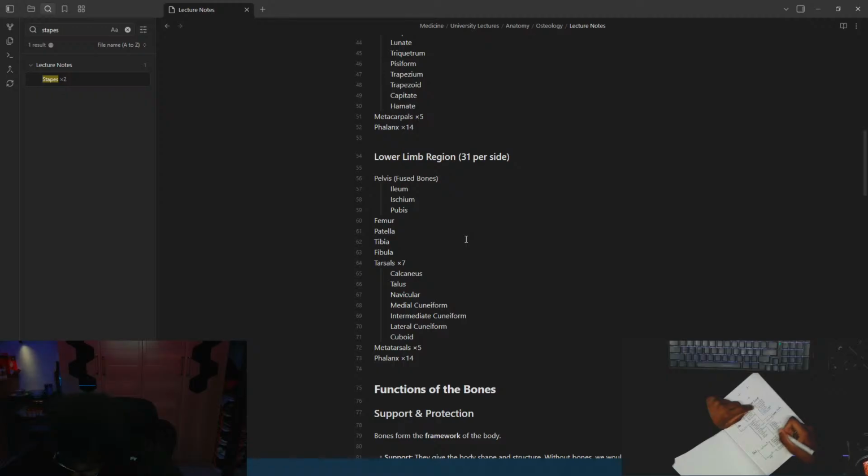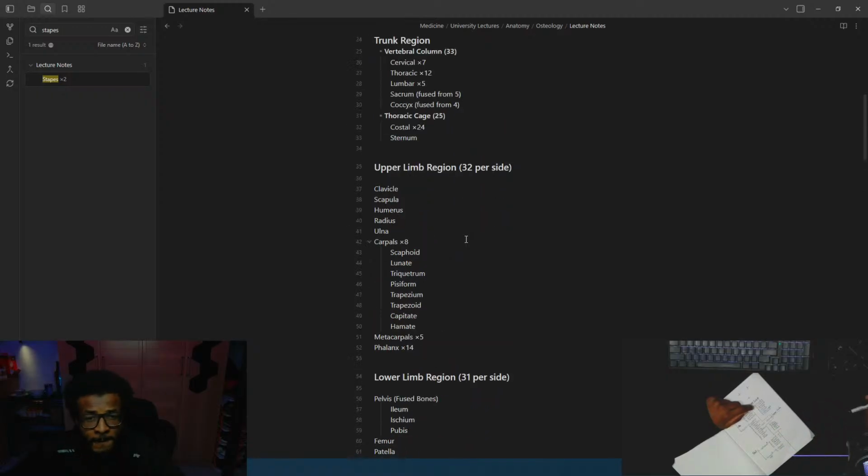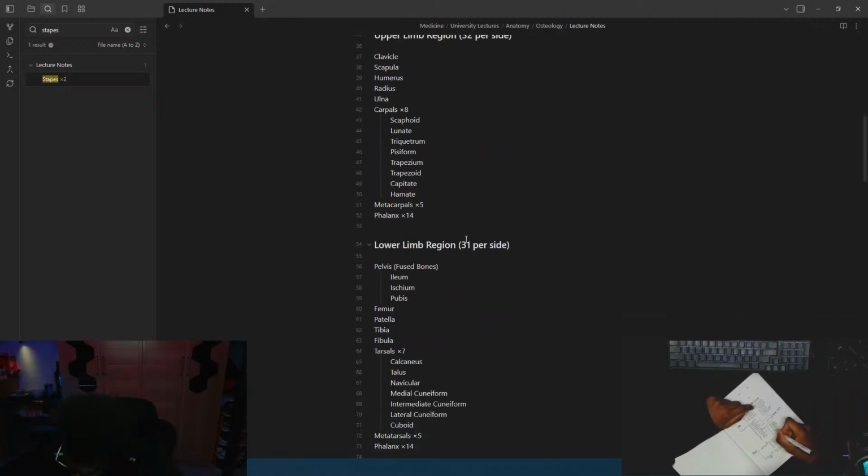Got the tarsals, metatarsals, and then phalanges.